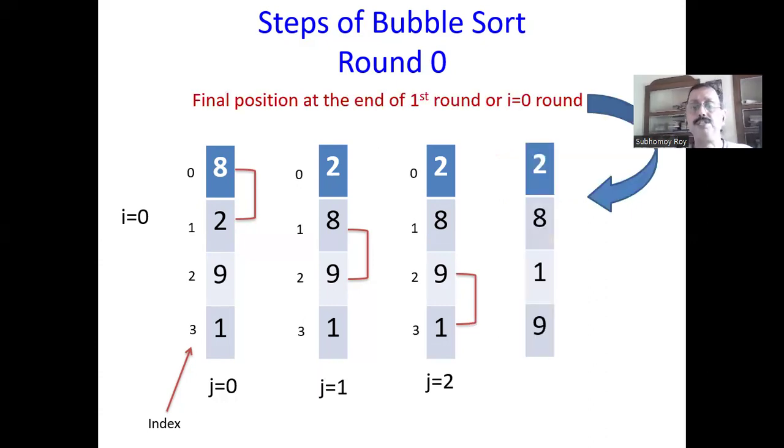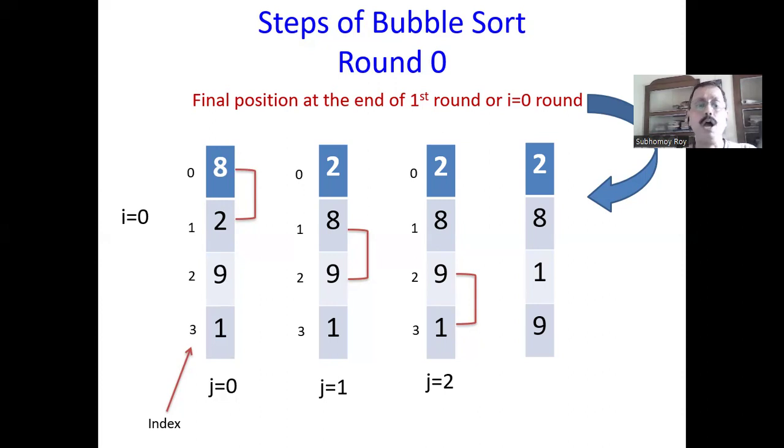After interchanging, at the end of the first round, the array is not properly sorted, but what do we get? 2, 8, 1, 9, where 9 occupies the last cell. This was our target. At the end of the first round, the highest value should go to the last cell. Highest value should go to the highest index. So 2, 8, 1, 9 is the position available after the end of the first round.